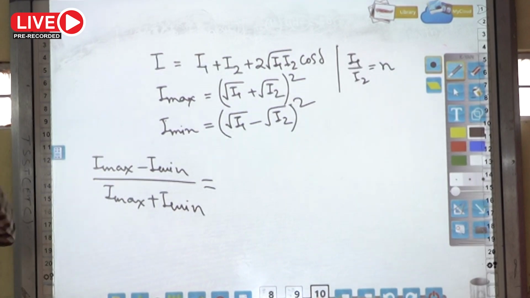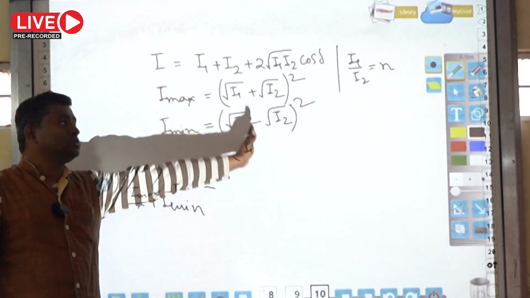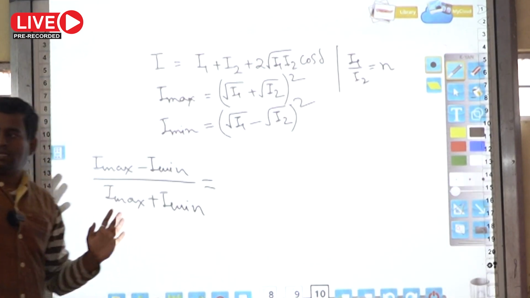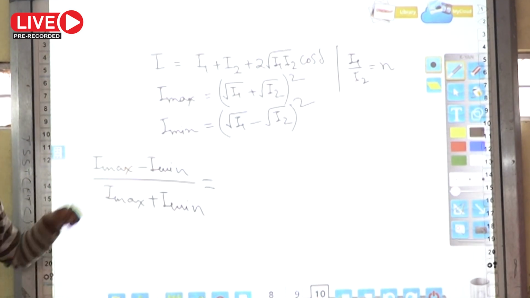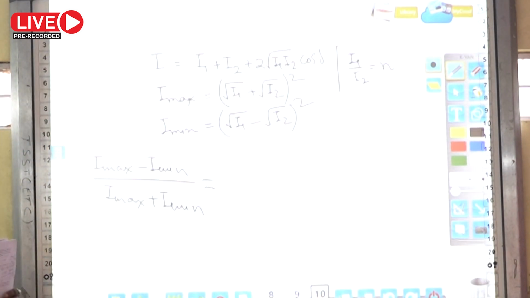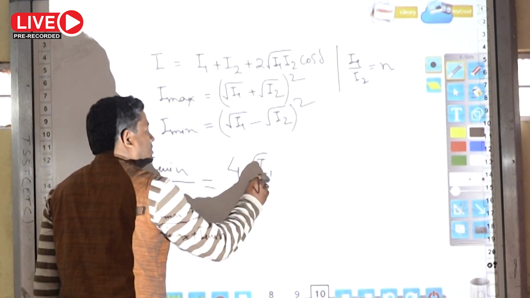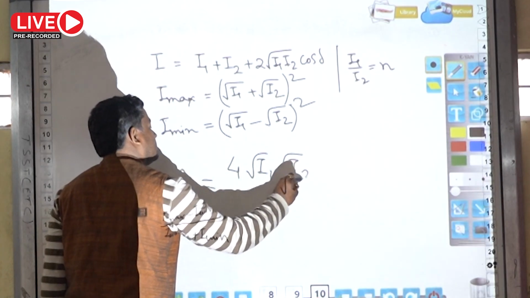This root I1 and root I2 are just like a and b: a plus b whole square, and a minus b whole square. So I max minus I min means (a plus b) whole square minus (a minus b) whole square, that is 4ab. So it will be 4 root I1 root I2.